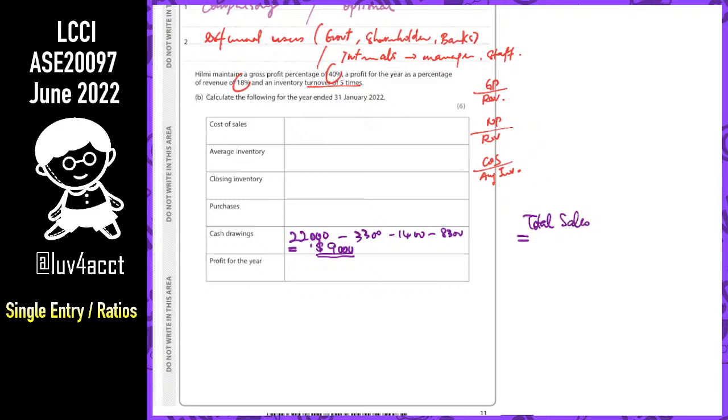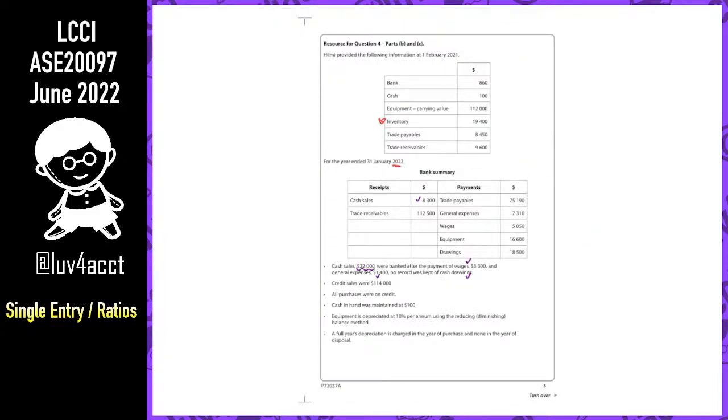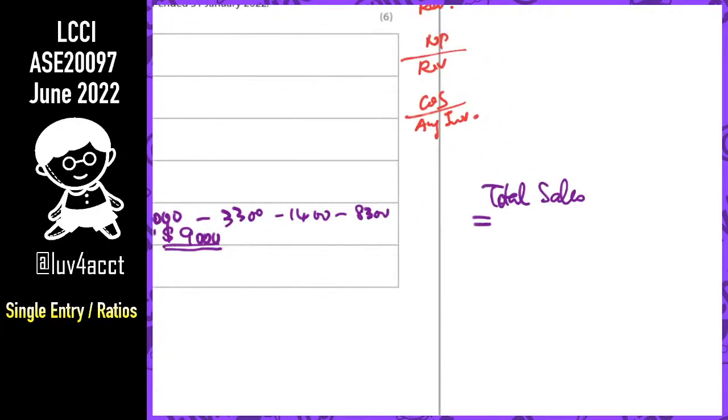Total sales, how much? I forgot again. Total sales is equal to credit sales plus cash sales, 114,000 plus 22,000, 136,000.